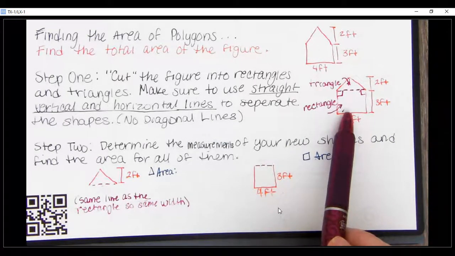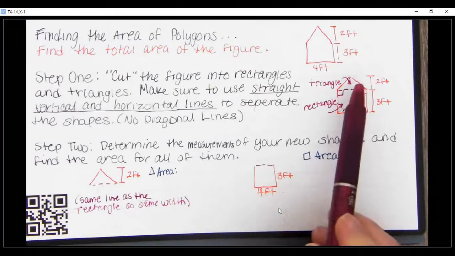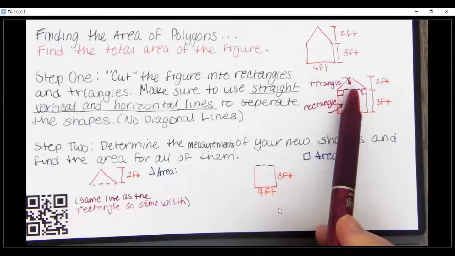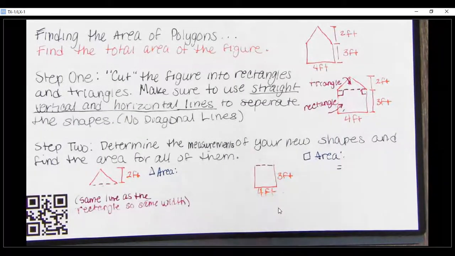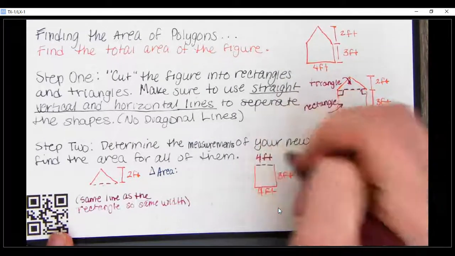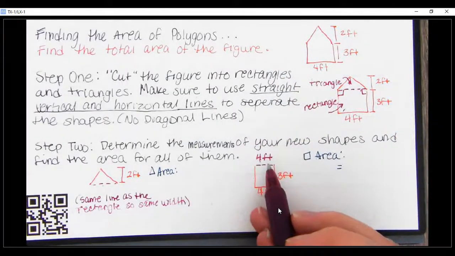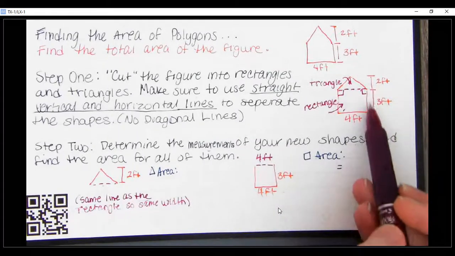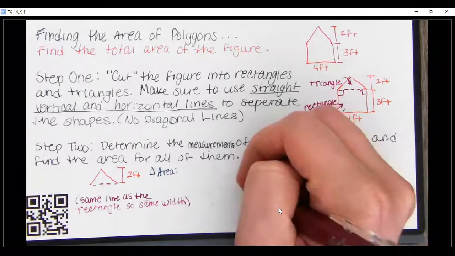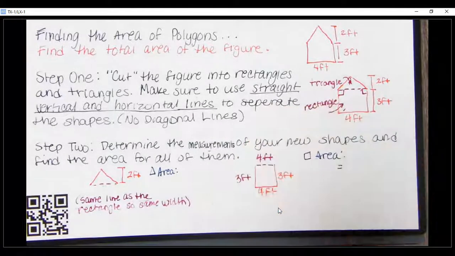That tells me that since it's a rectangle, the side opposite is going to be 4 as well. So, got my rectangle drawn here. I have 4 feet on this side. Same thing over here. I have a height of 3 feet. That must mean that the opposite side of my rectangle is 3 feet as well.